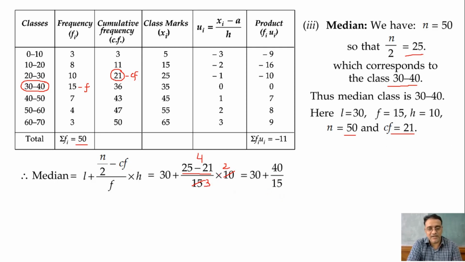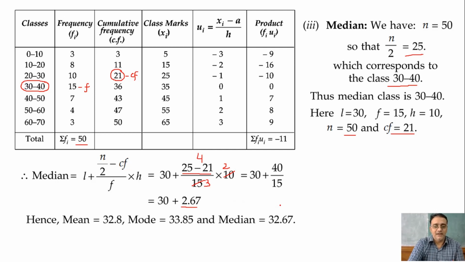Otherwise you can multiply and then divide by 15, giving 2.67. 8 by 3 will be easy. 2.67 approximately, so the answer here will be 32.67. 32.67 is the required median. Hence, mean is 32.8, mode is 33.85, and median is 32.67.